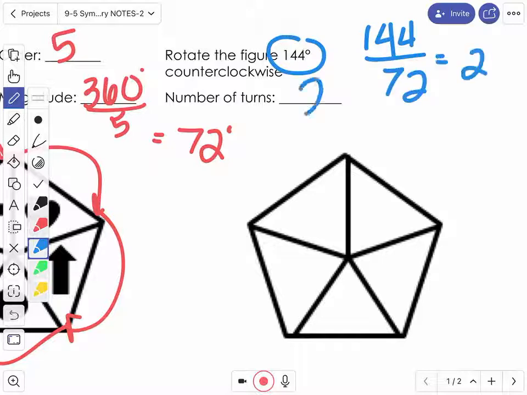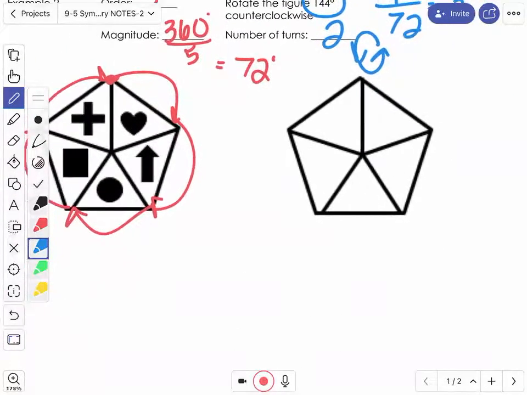And that is 2. So 2 turns counterclockwise to the left. So let's see what we get this time. So now the 2 figures that we have at the top, the plus and the heart, our plus will now move 2 turns to the left. So our plus will now be at the bottom.